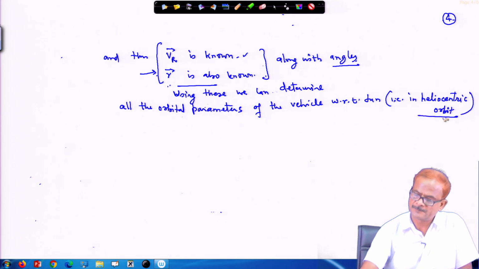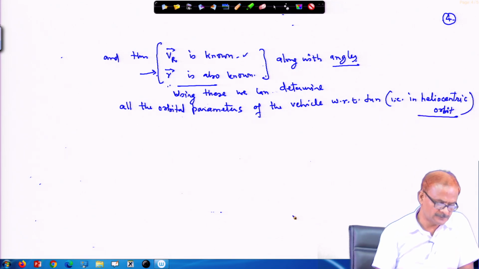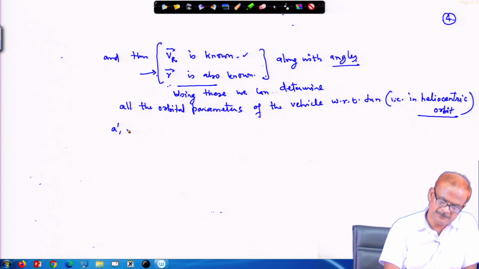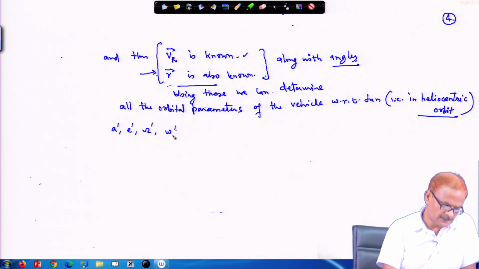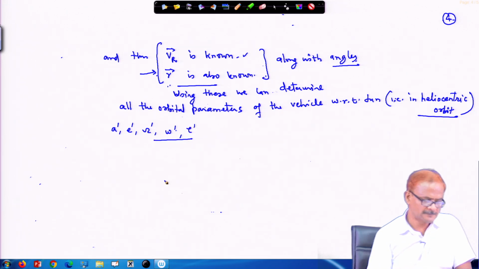So, heliocentric orbit parameters we will be able to determine from this place. What are those? Those are A prime, E prime, capital omega prime, small omega prime, tau prime, time of perigee passage, all these things will be known to us.